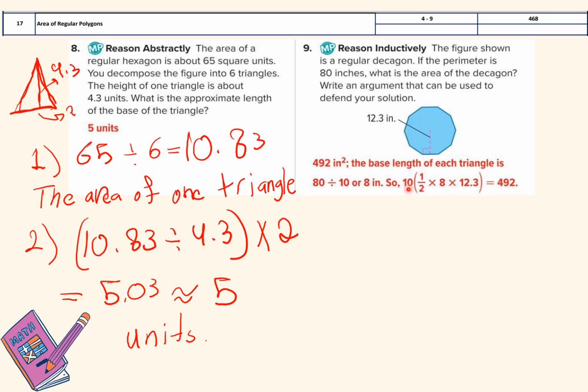Because the shape is going to be divided into 10 triangles. So the final answer is going to be 492 square inches. So the key in this question is firstly to pay attention that you have the perimeter. The perimeter is given.